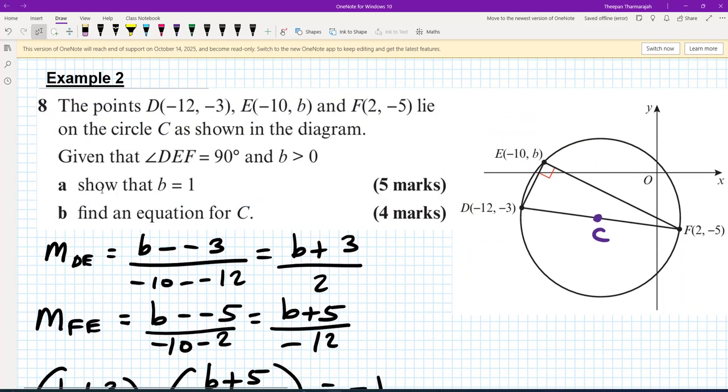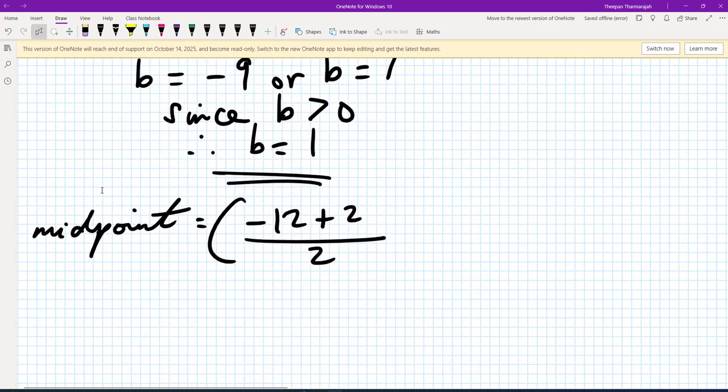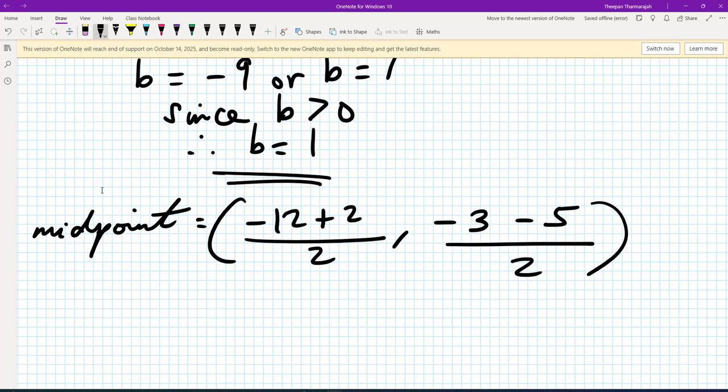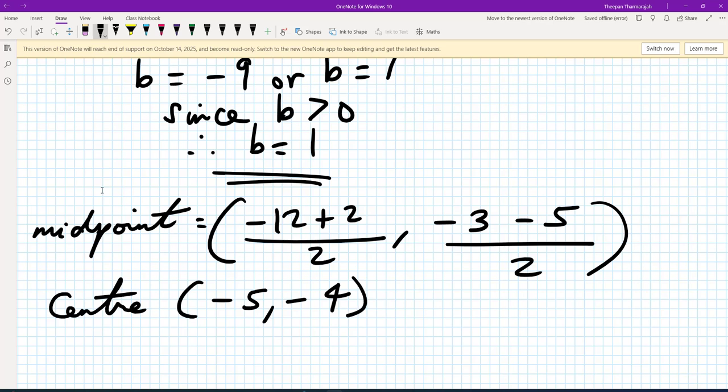And (-3 minus 5) over 2. So we get the center of the circle to be... sorry, that's going to be -10 over 2, which is -5. And then we're going to get -8 over 2, which is -4. So we get the center to be (-5, -4).